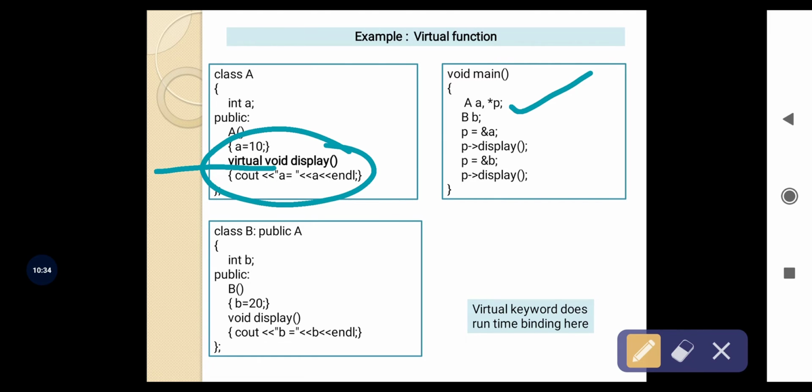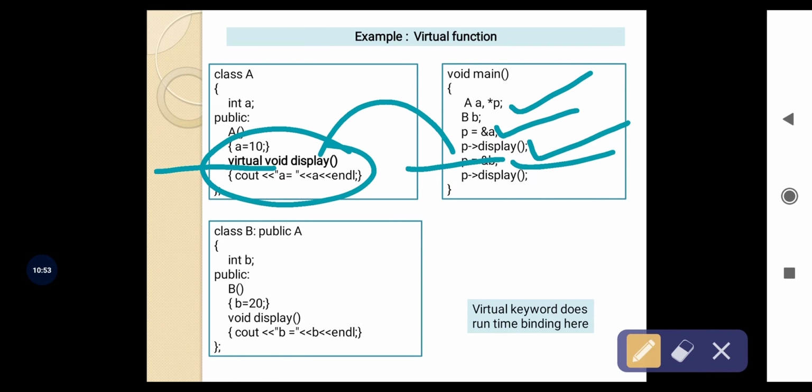So I create a pointer of the base class. This pointer is pointing to the base class object. Now when I invoke display, I will have the base class display invoked. Now this pointer changes and it points to the object of the derived class.